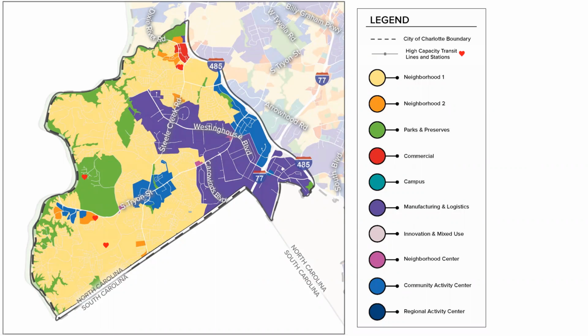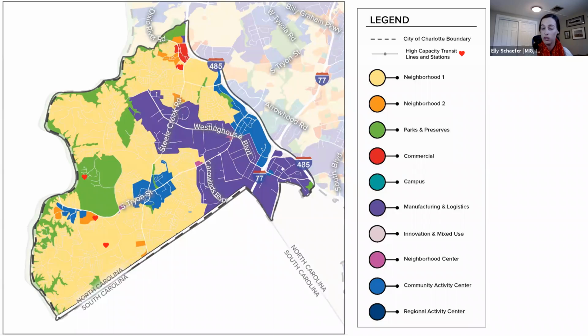Thanks, Dave, for the question. Yeah, so you're correct. In neighborhood 1, there is a variety of housing products that can be a part of that place type. It is a lower density than neighborhood 2. Actual zoning changes and zoning regulations, including density and that sort of thing, would be part of the UDO process that's ongoing, the Unified Development Ordinance.